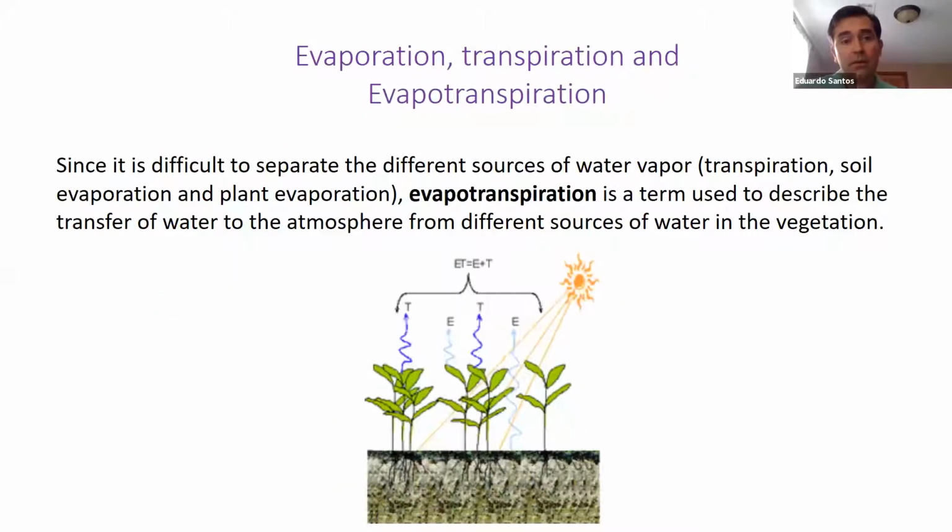The reason why you put everything together and call it evapotranspiration, studying evaporation and transpiration together, is because it's hard to measure them separately. What people are interested in is how much water is being used, regardless of where it's coming from.